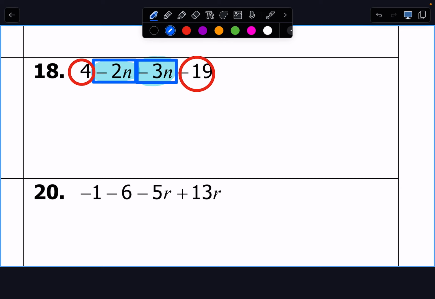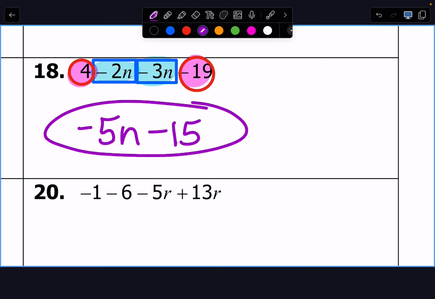Negative 5. Some of you might want to use a calculator to help you. What happens when we take 4 minus 19? So we will say minus 15. There's our answer.